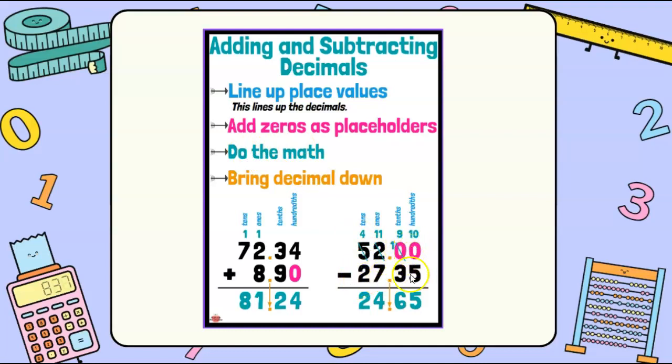I will subtract it down and regroup if I need to according to the digits within that number. Once I am done with all my math, my final step is to bring my decimal straight down into my answer. Once I brought my decimal down, then I am done with that problem. And I've found my difference.